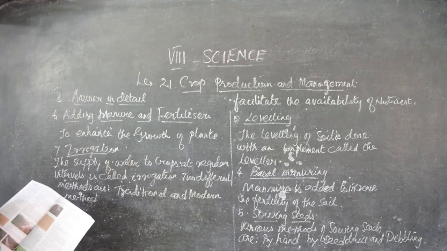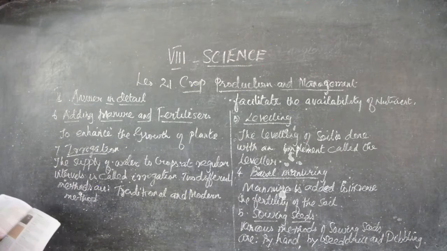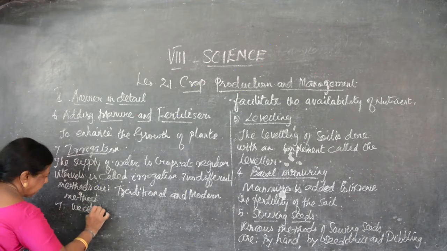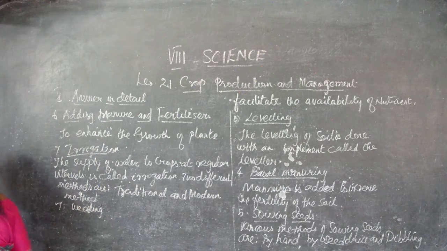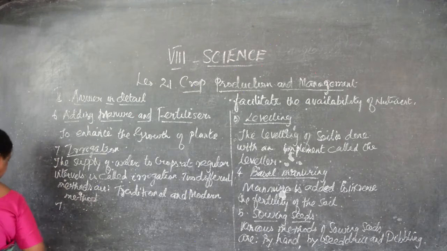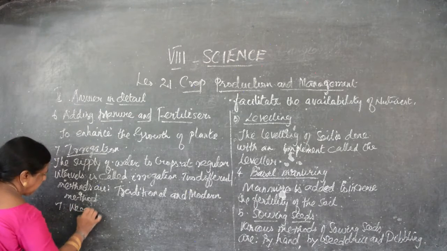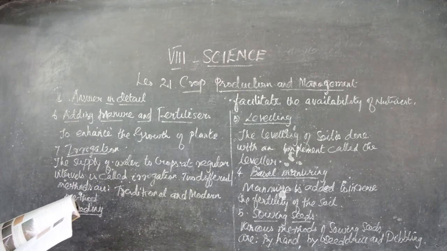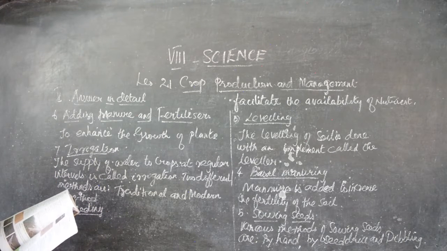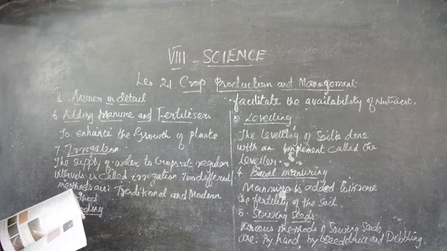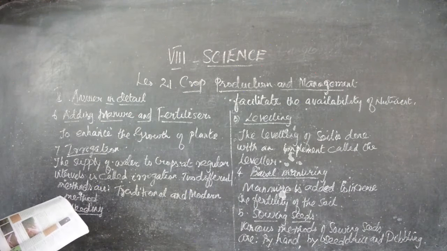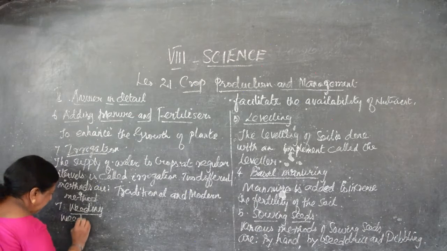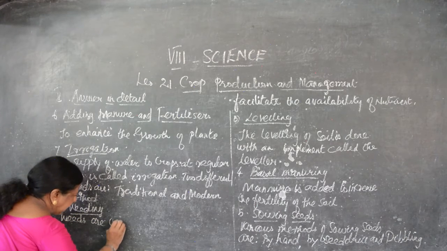Next, after irrigation, we have to remove the unwanted things. Weeding. Next one is weeding. The weeds are undesirable plants.